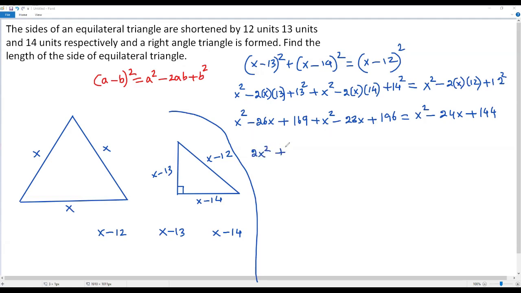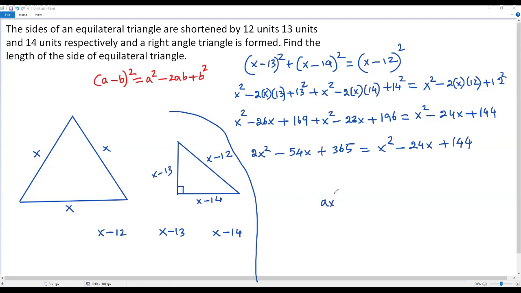And when I combine negative 26x and negative 28x, I'm getting negative 54x. And when I combine positive 169 and positive 196, I am getting positive 365, equals x square minus 24x plus 144. Okay, here almost we have a quadratic equation in the variable x, but it's not in standard form.